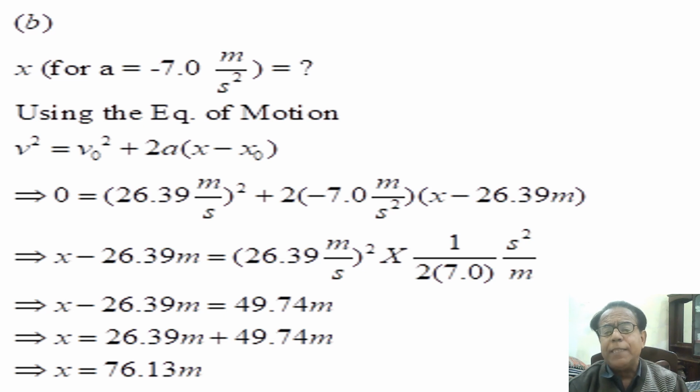This implies that x minus 26.39 meter becomes equal to 49.74 meter, and x is equal to 26.39 meter plus 49.74 meter. These are added, and hence x finally becomes 76.13 meter. This solves part B of our problem, and this is the end of our module.